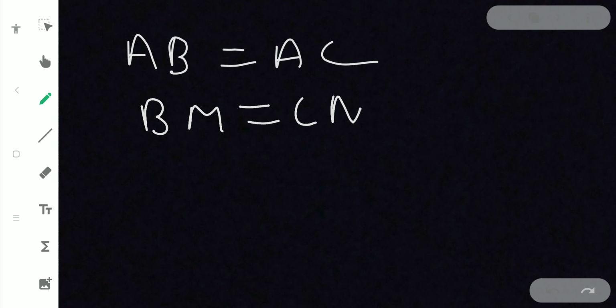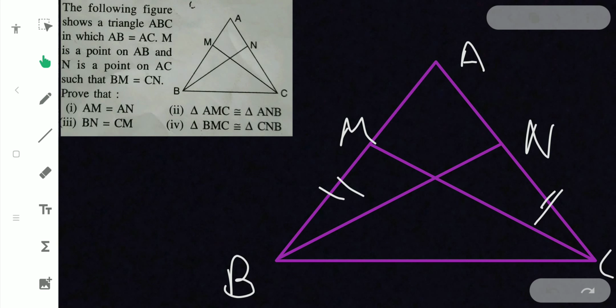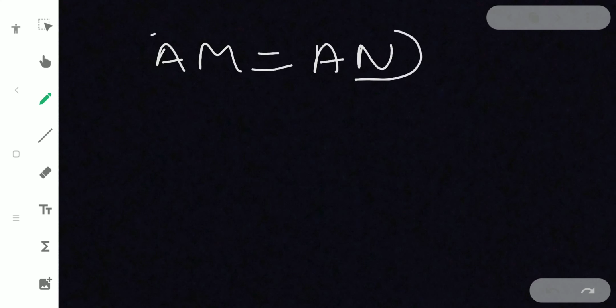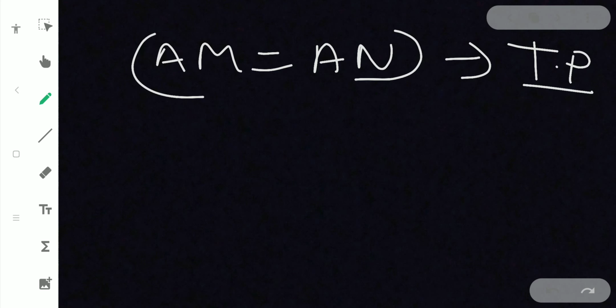Now what I need to prove is, first, four parts are given, and the first part is AM is equal to AN. I am writing it on the next page. AM is equal to AN, we need to prove.